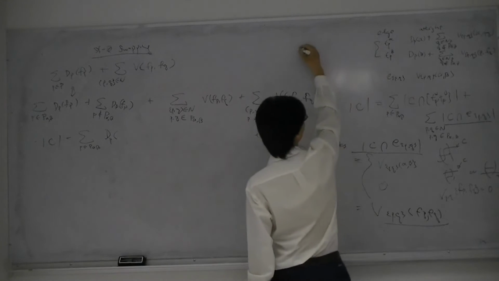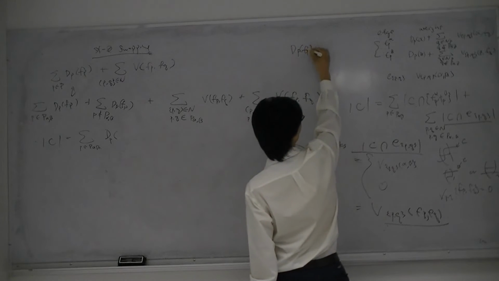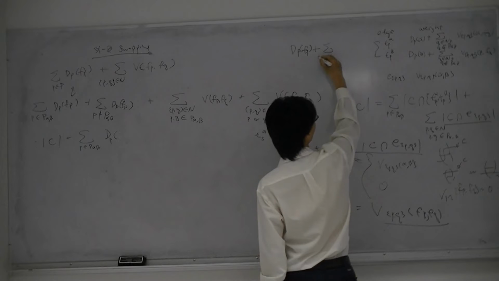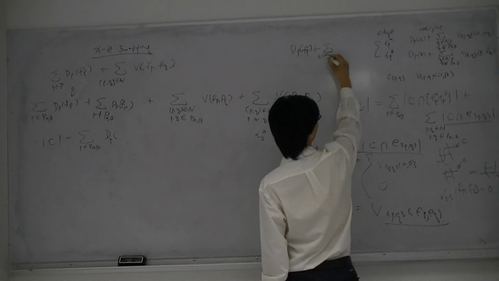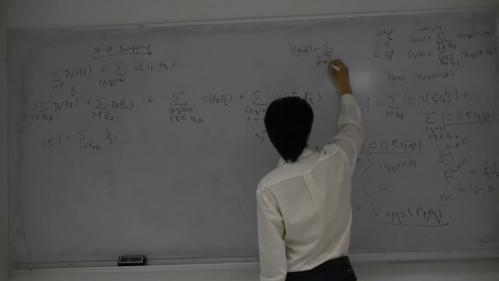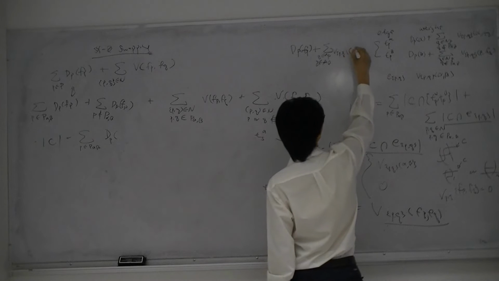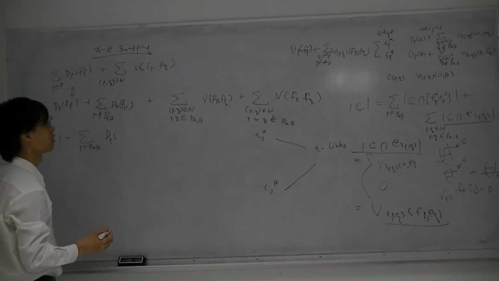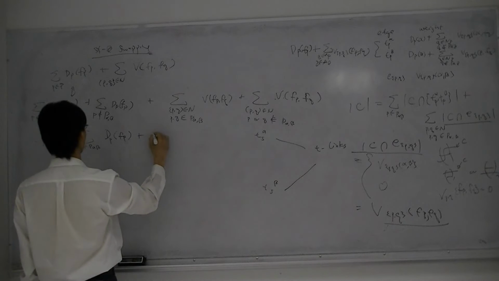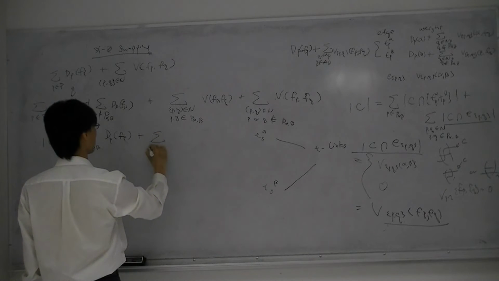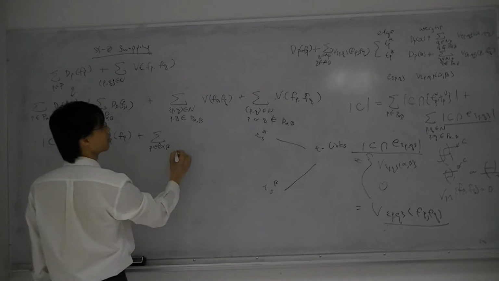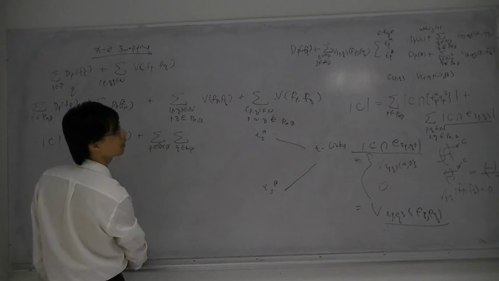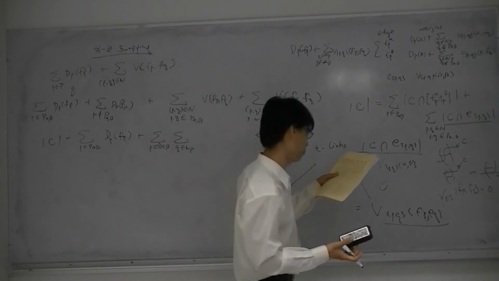Actually, this sum is just equal to D_P(f_P) plus the sum over Q in N_P, and P in P_alpha_beta, of V_PQ(f_P, f_Q). Oh, sorry, that's not MP.